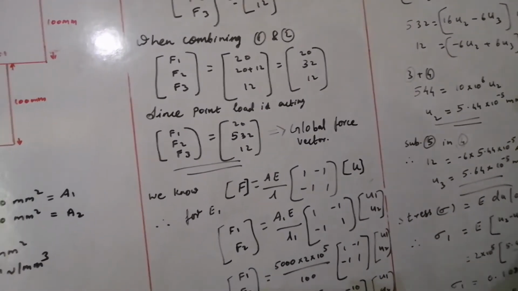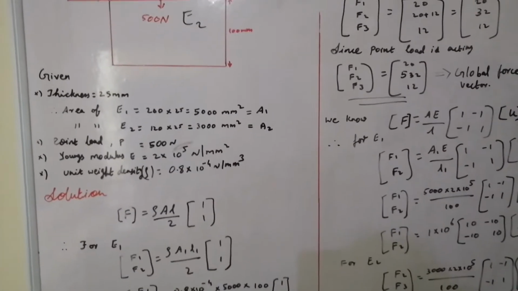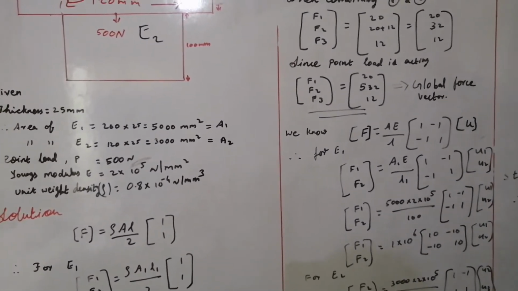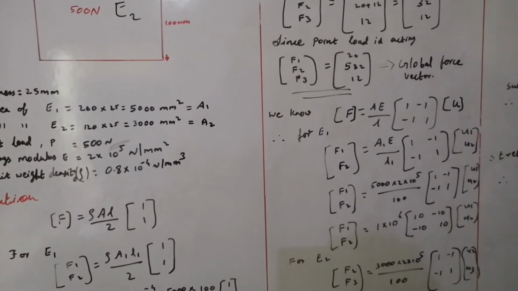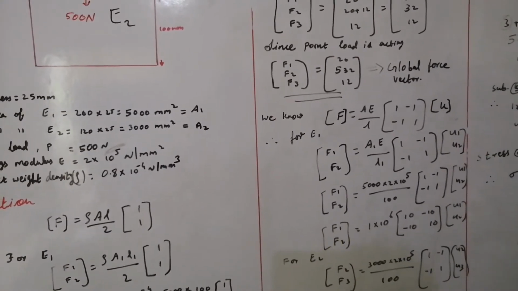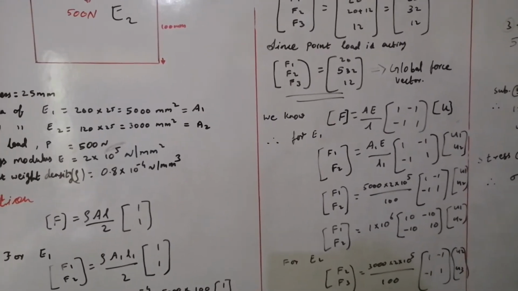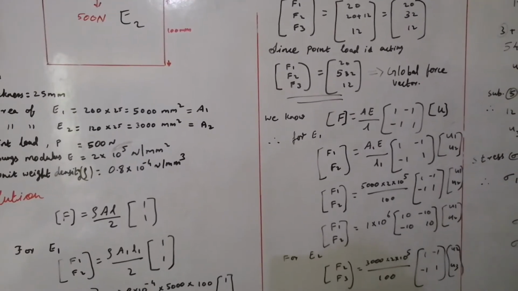Why we are doing these steps: I already mentioned that the plate is also subjected to self weight, so there is a chance for elongation. Subjected to self weight, there is a chance for elongation, and we are finding how much force is applied by gravity due to self weight.